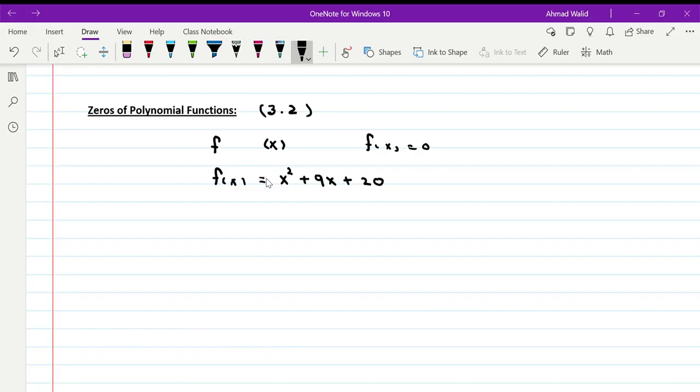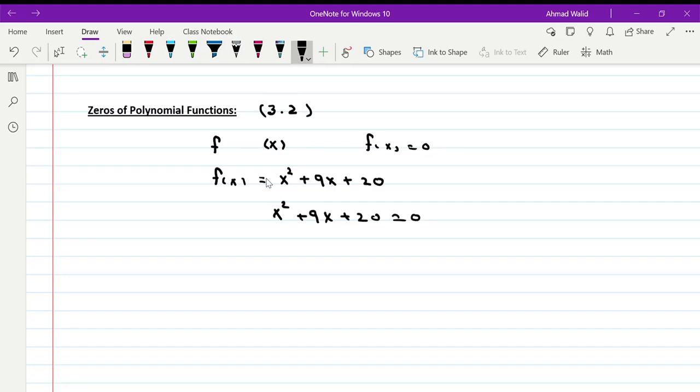If I write x squared plus 9x plus 20 equals 0, it's an equation, right? The solution set for this equation is actually the zeros of your polynomial function.